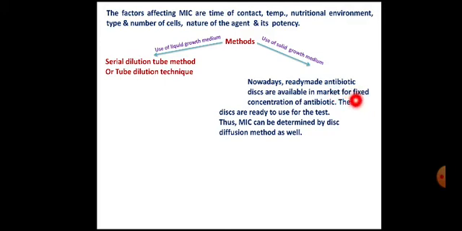They have a fixed concentration of antibiotic, meaning there are different types of discs in which there will be different concentrations of antibiotic. Nowadays we have a single strip of a single antibiotic on which we'll find different concentrations of that antibiotic.